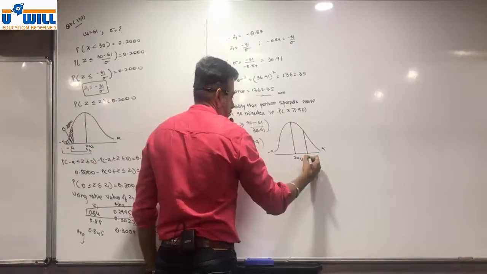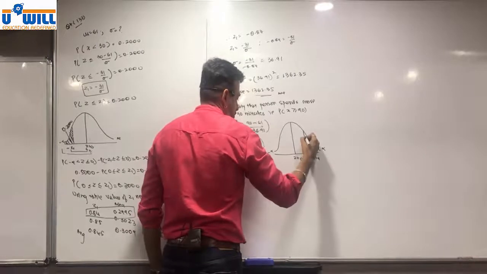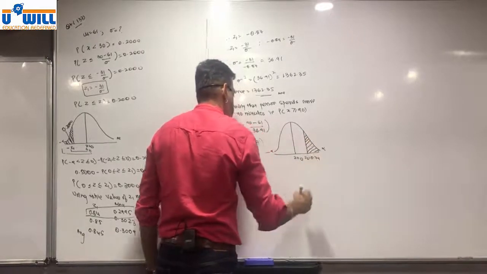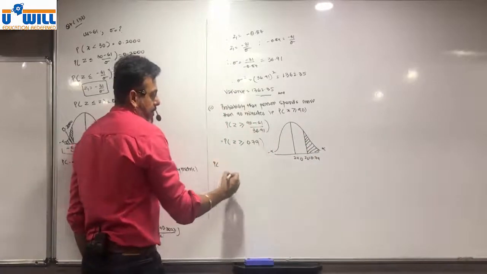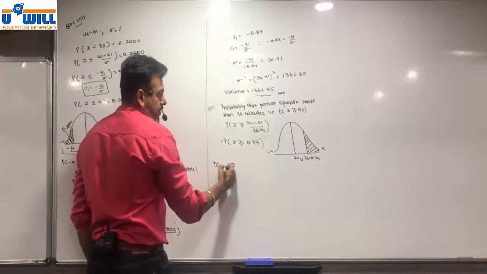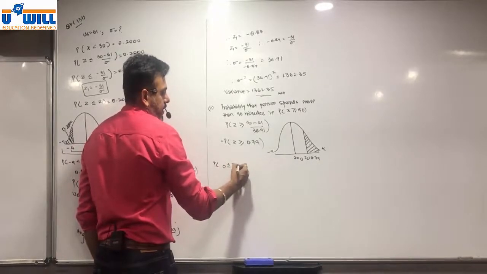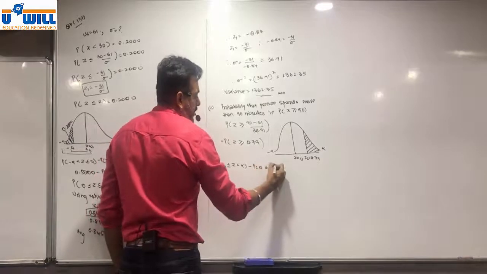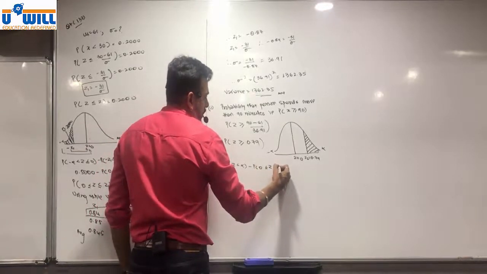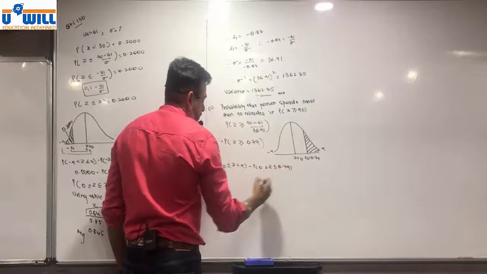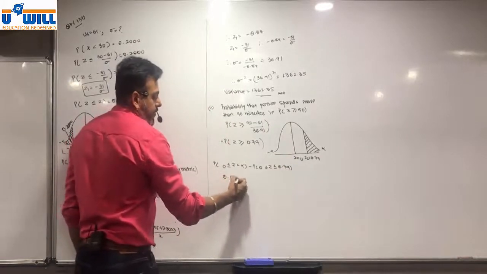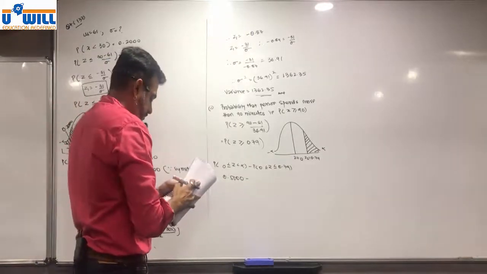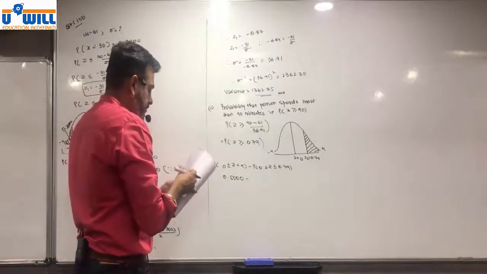Positive, Z2 is equal to 0.79. Right hand side shading, because greater. So we make the equation: probability of Z from 0 to infinity minus probability of Z from 0 to 0.79. So 0.5000 minus 0.79 area. Look into the table.